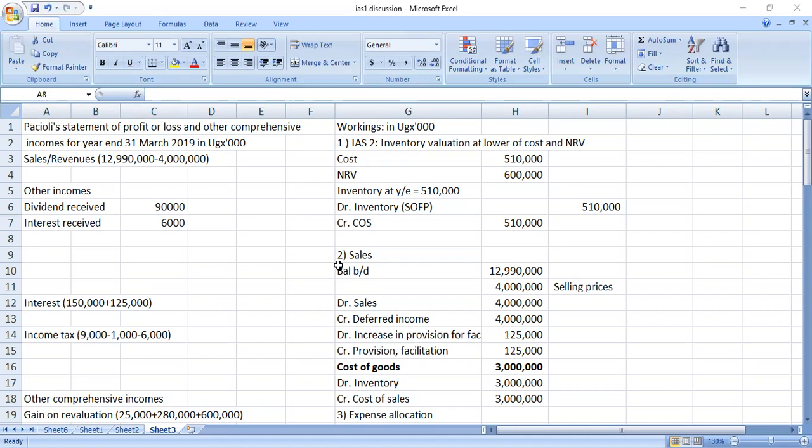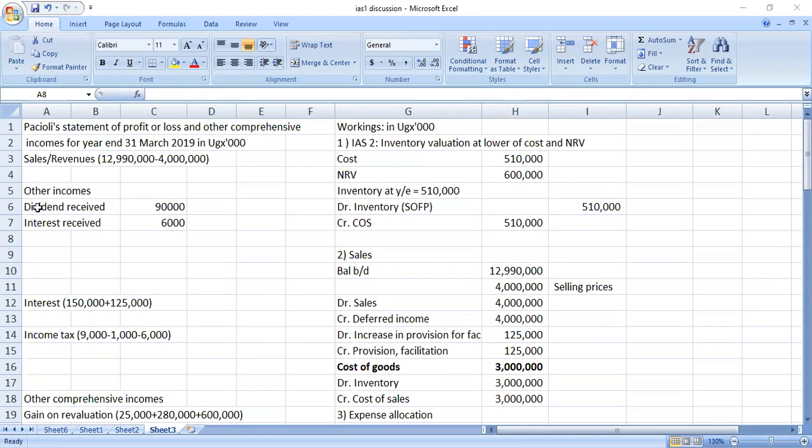Do dividend received and paid reduce retained earnings? No, it's only dividends paid or dividends declared that reduce retained earnings. Dividends received can only be income. So they fall under other incomes.